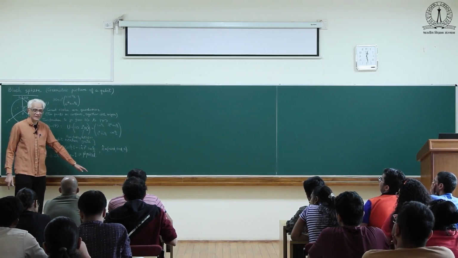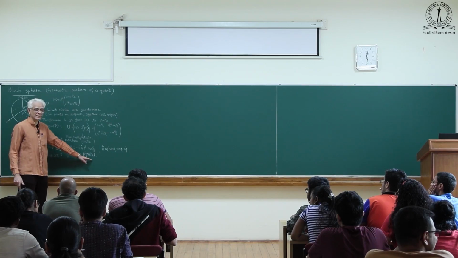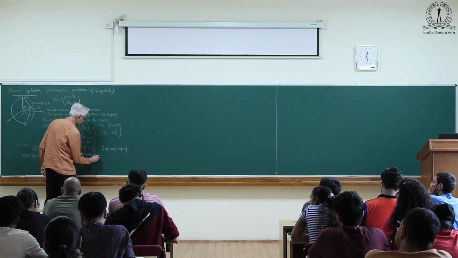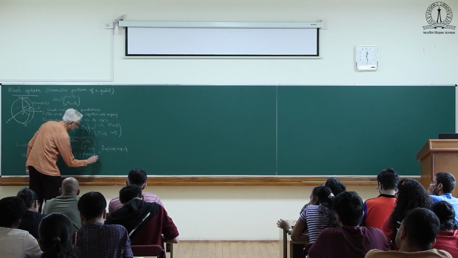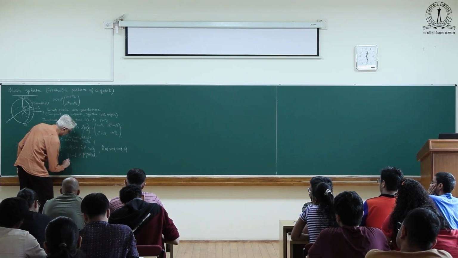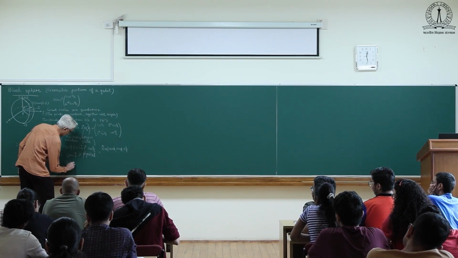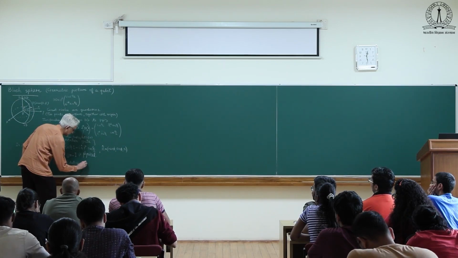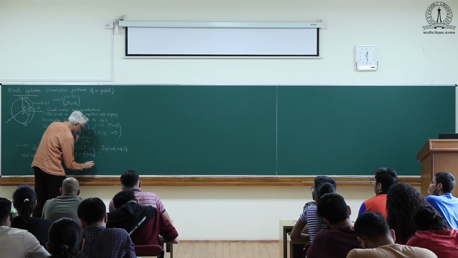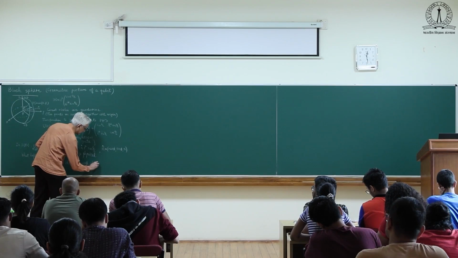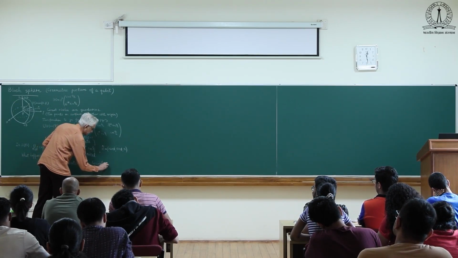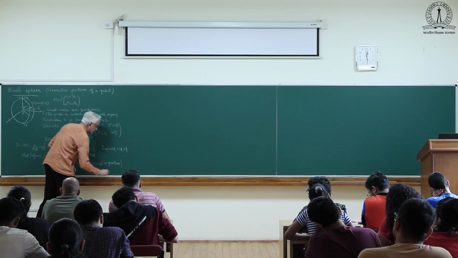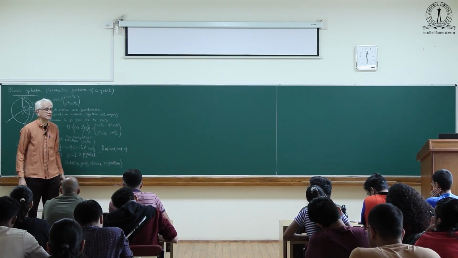There is nothing to do with quantum theory. When I said physical, it is a property of the rotation group. It doesn't matter whether you are dealing with classical physics or quantum physics.